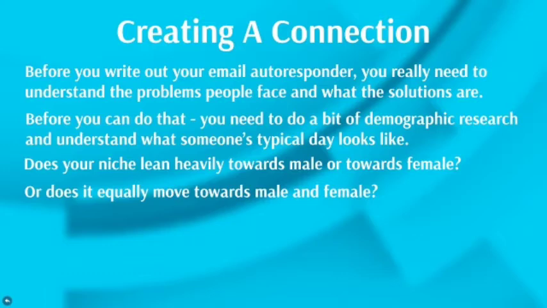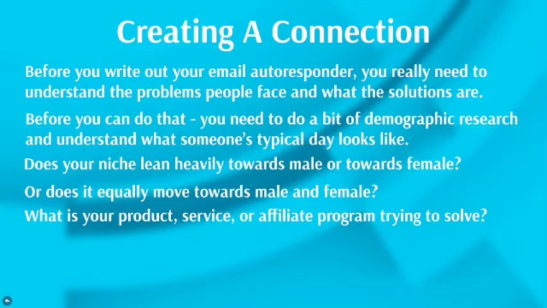But even at 75%, you're kind of moving towards 50%, so that it's both male and female. But if it's heavily towards males or heavily towards females, 80% or 90% and above, then you want to jot that down. The next question is, what is your product or service or affiliate program trying to solve?